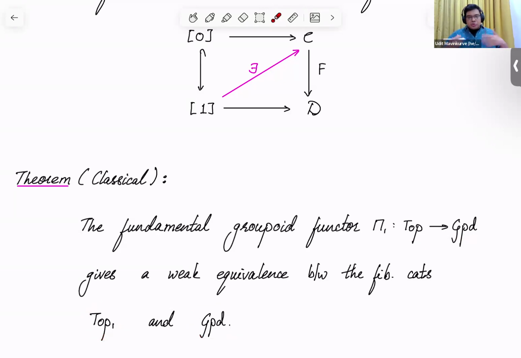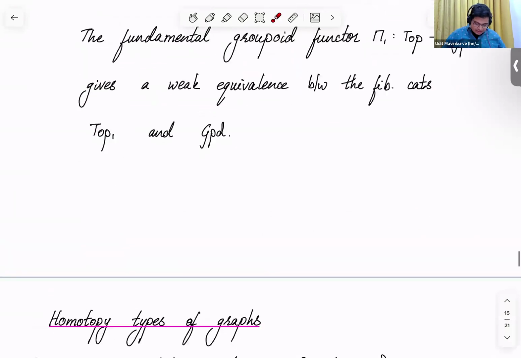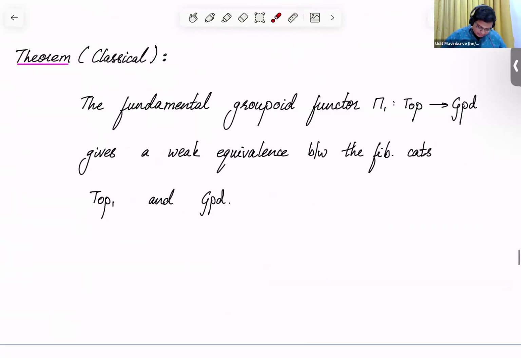So this is an example of how you have algebraic models for homotopy n types of spaces, whereas you don't have algebraic models for homotopy types of spaces. So that's the very quick run through of what fibration categories are.